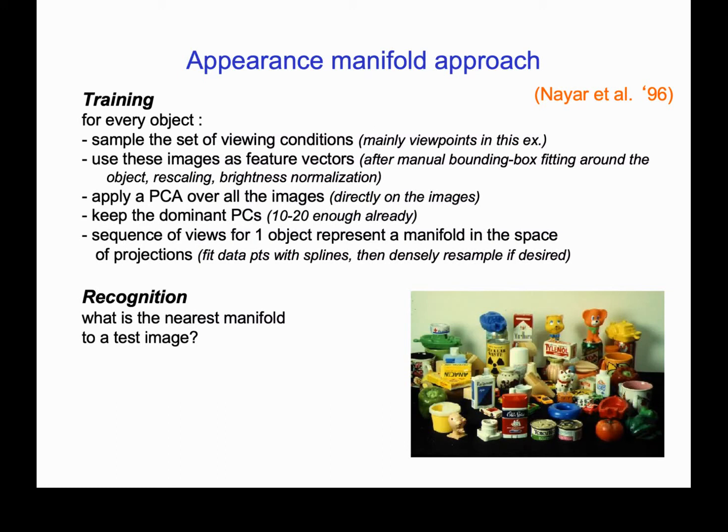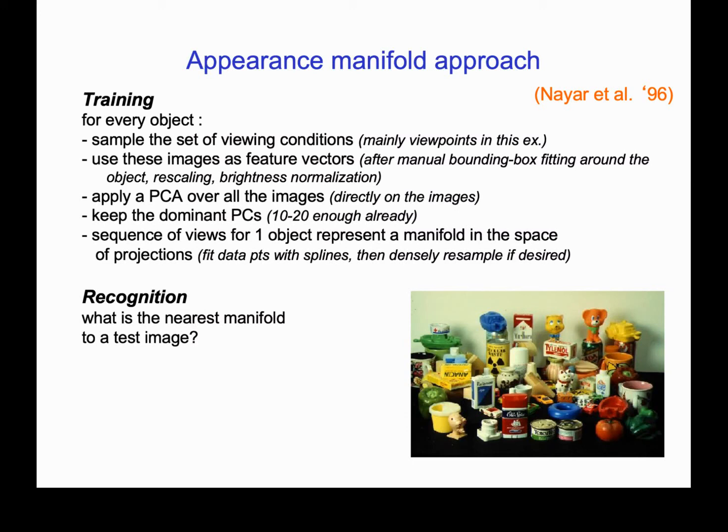Using these images as feature vectors, after manually fitting a bounding box around the object and rescaling brightness and normalization, you apply a PCA over all the images. And this includes mainly viewpoints, different objects all together. And then you keep the dominant principal components as we've seen. And in Nayar et al.'s approach, even 10 or 20 principal components were already enough.